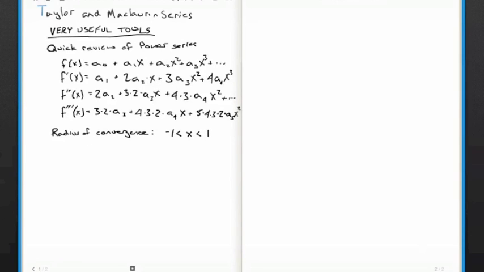So if x works, all of the above should hold true at x equals 0.